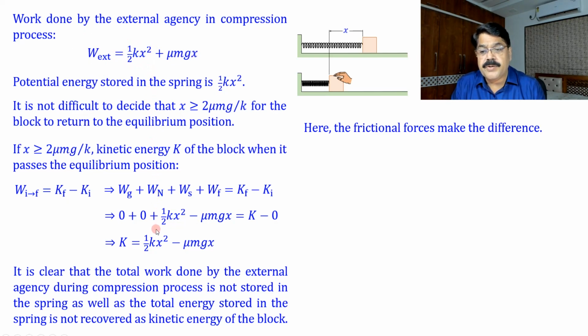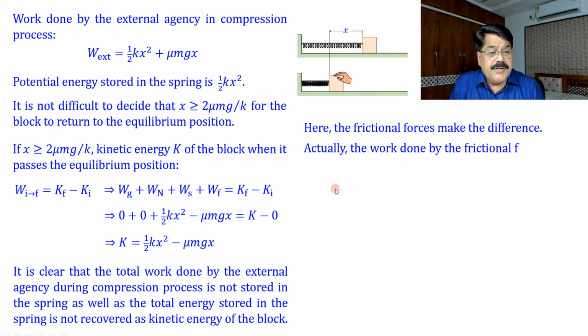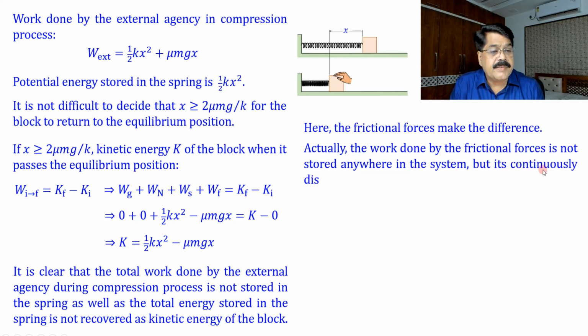Now when the block is released, this stored part will not be recovered as kinetic energy because some of it will be dissipated by friction. Actually, the work done by the friction force is not stored anywhere in the system, but it is continuously dissipated to the surroundings as heat and sound.